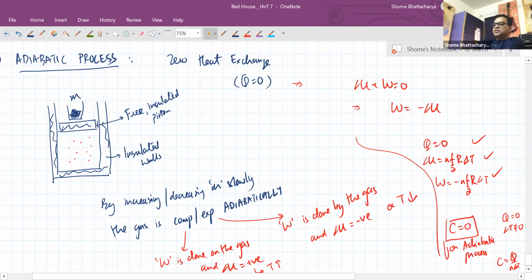So adiabatic molar specific heat capacity, if the question ever arises, its value is 0. But isothermal molar specific heat capacity is an undefined quantity.